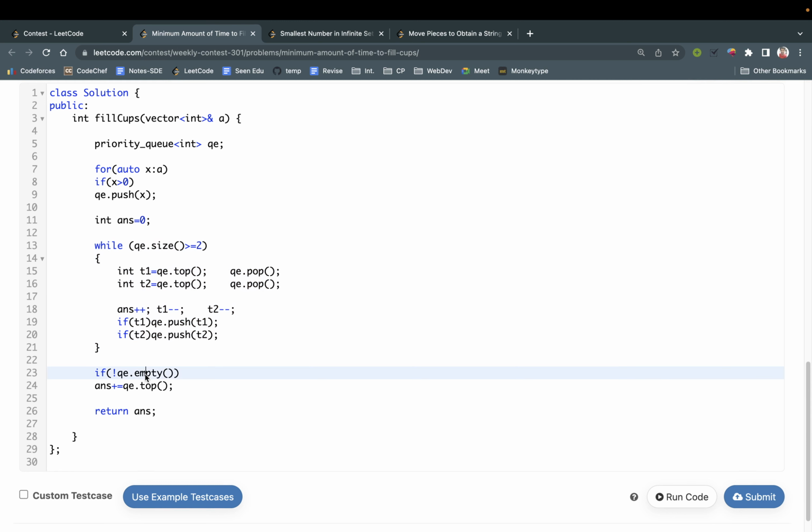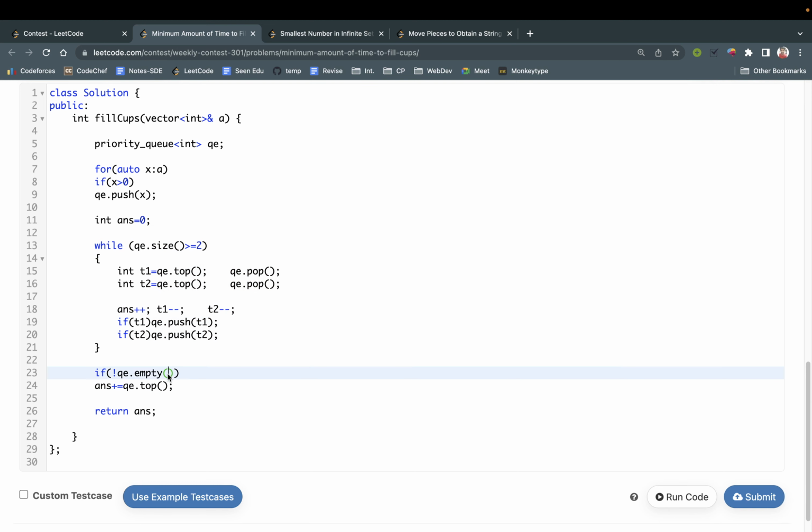And if our queue is not empty and the size is less than 2, therefore the size will be 1, because here we have erased all the sizes greater than or equal to 2.